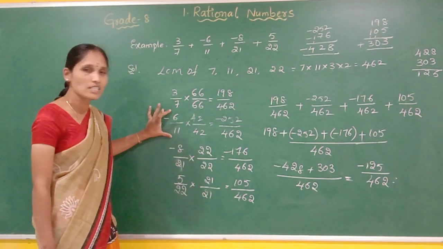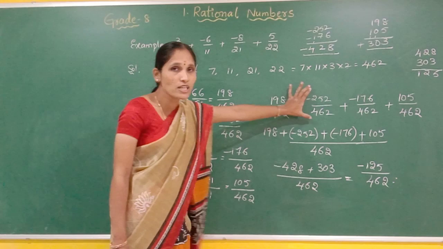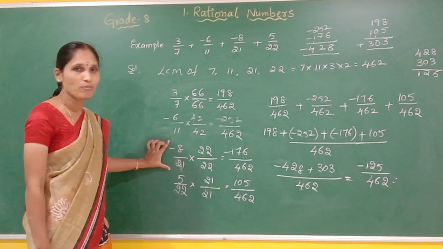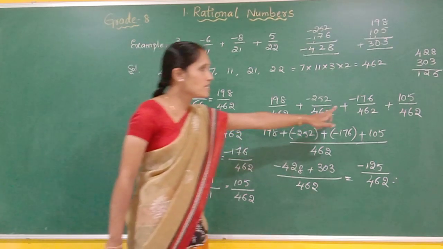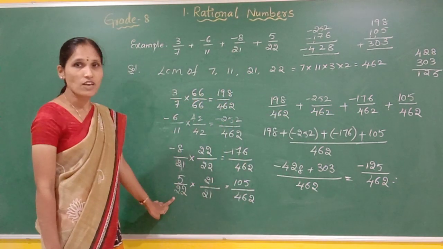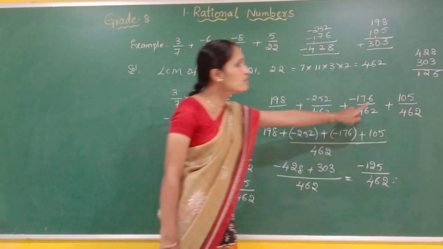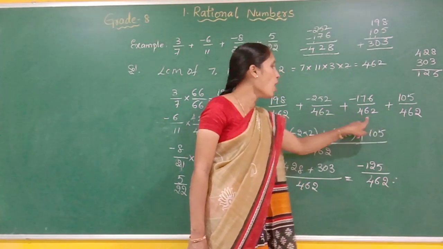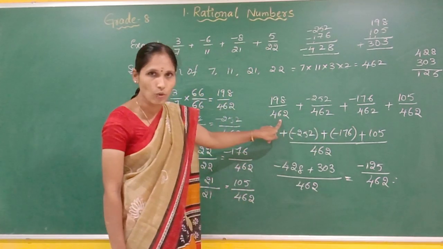In place of minus 6 by 11, we write minus 252 by 462. In place of minus 8 by 21, minus 176 by 462. In place of 5 by 22, we write 105 by 462. Now all the denominators are equal.